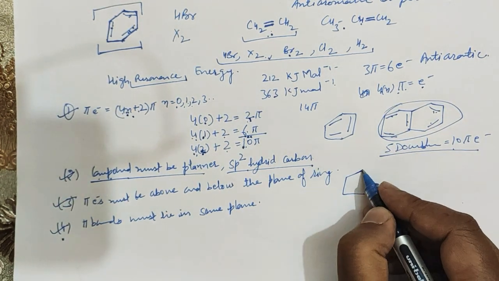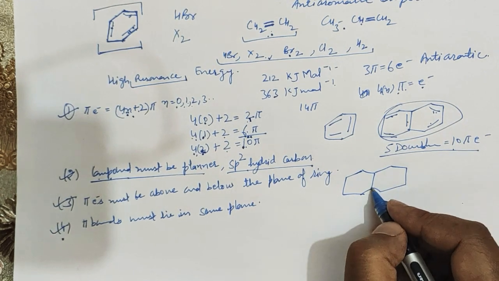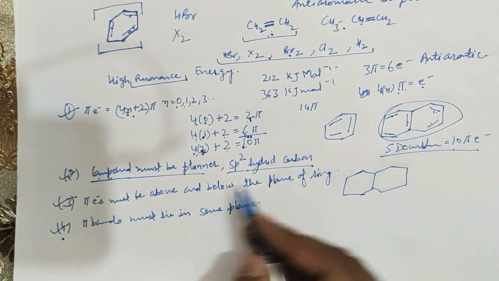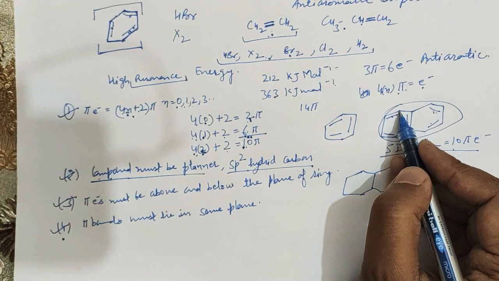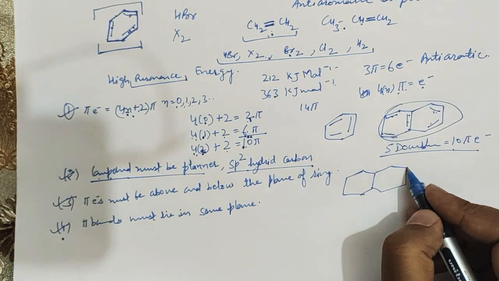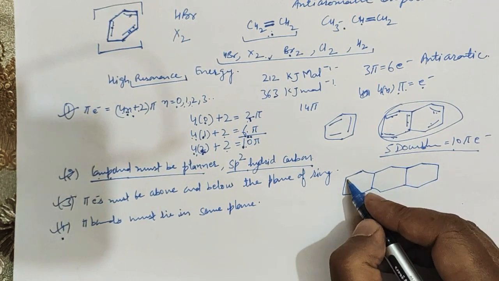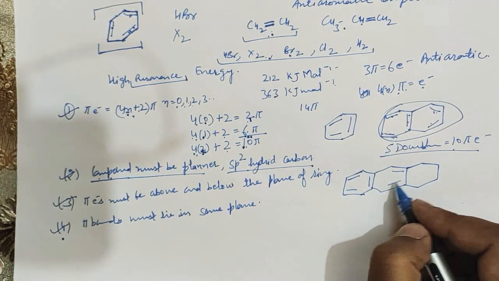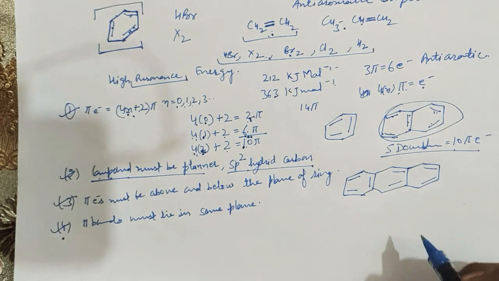Suppose there is anthracene. The anthracene has 3 benzene rings. Further, naphthalene also follows other conditions, like all the carbons are sp2 hybrid, the compound is planar, and others. So this is anthracene, and let's check whether this compound is aromatic or non-aromatic.